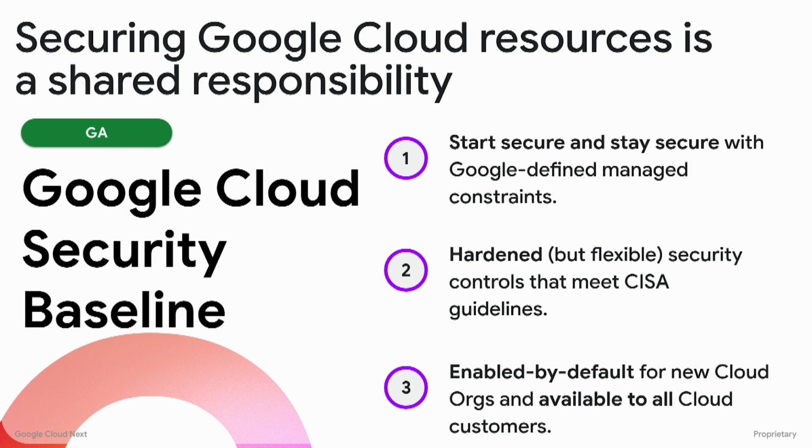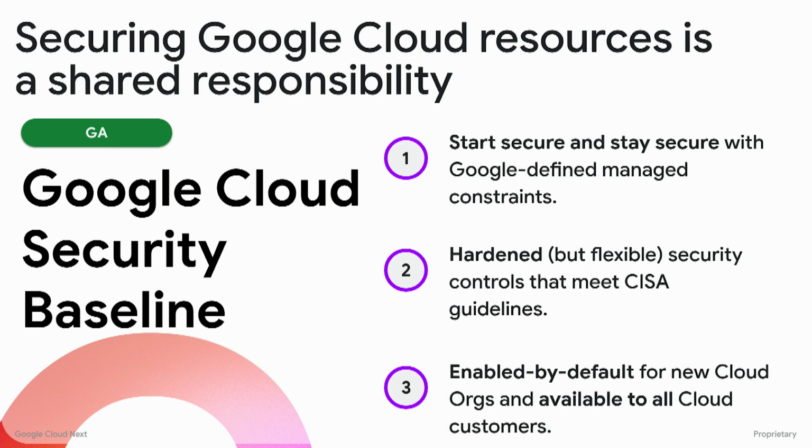If you've created a new GCP org anytime in the second half of last year, you already have the Google Cloud Security Baseline enabled for you. These are 6 managed constraints that ensure that the most egregious issues do not show up in your cloud environment. Starting this year, existing customers are seeing recommendations in their console, recommending them to start adopting the Google Cloud Security Baseline.